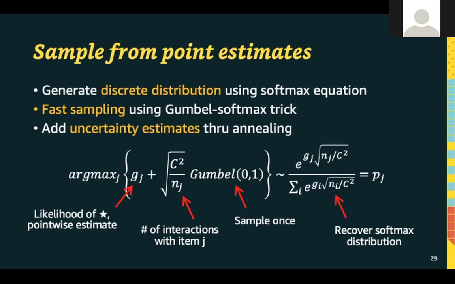And you may remember from two papers ago, the first paper that I was describing: if I have a softmax, I can sample out of it. I can even have a bandit or reinforcement learning method out of it, right? So what I did in this equation is generate discrete distributions using a softmax equation through the Gumbel softmax trick, and I'm adding the bandit uncertainty estimate through annealing.